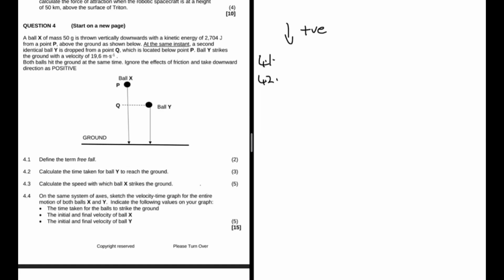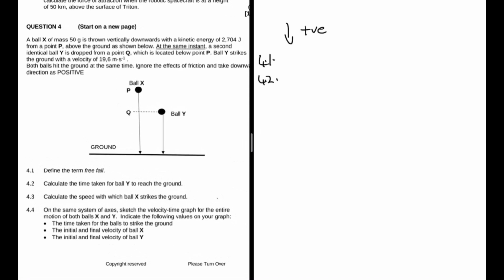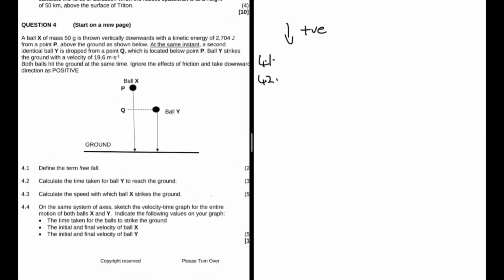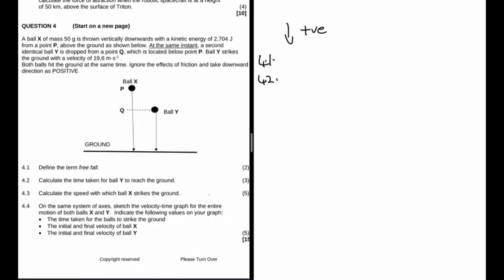4.2 says calculate the time taken for ball Y to reach the ground. So let's pay our attention to ball Y. We are told that at the same instant, a second identical ball Y is dropped from a point Q. So if it's dropped, we know fully well that VI is equal to 0 meters per second. And then it goes on to say ball Y strikes the ground with a velocity of 19.6 meters per second.